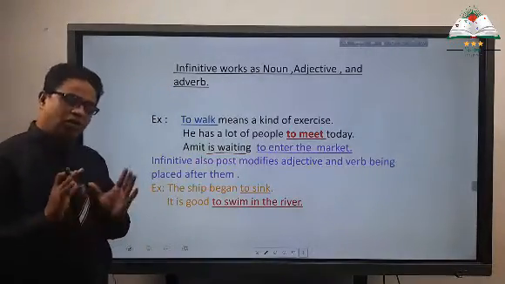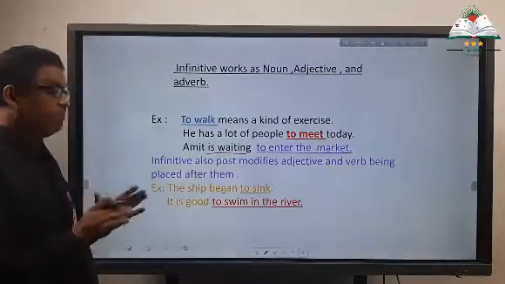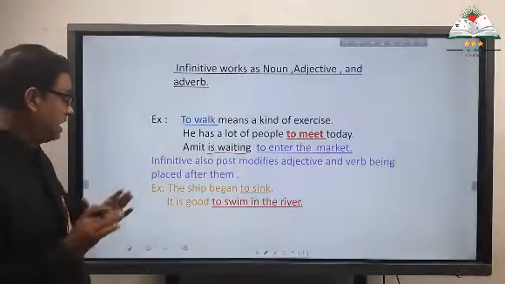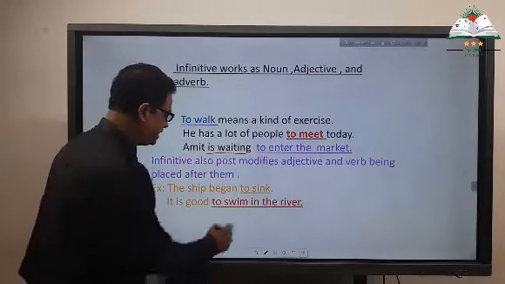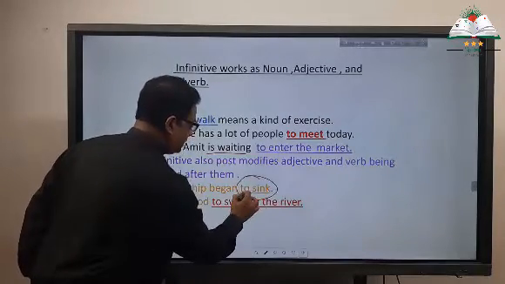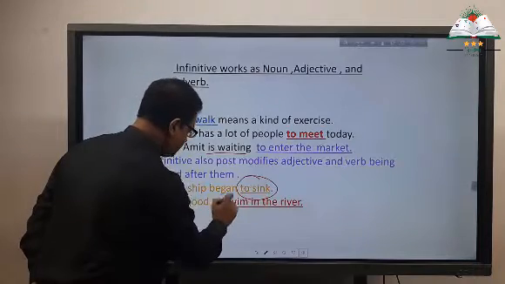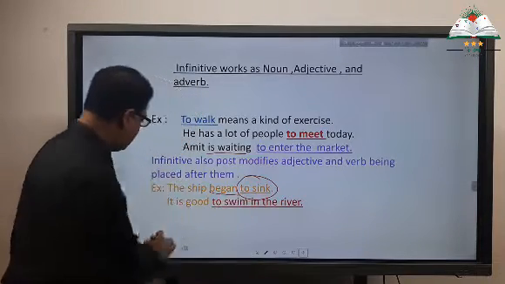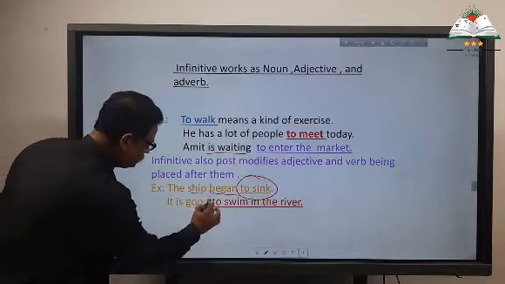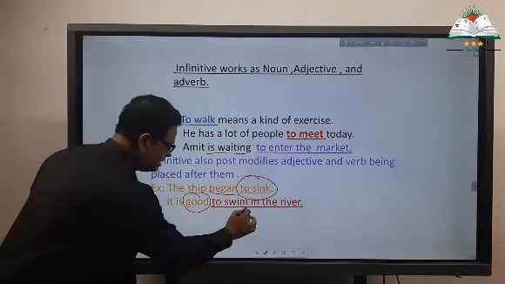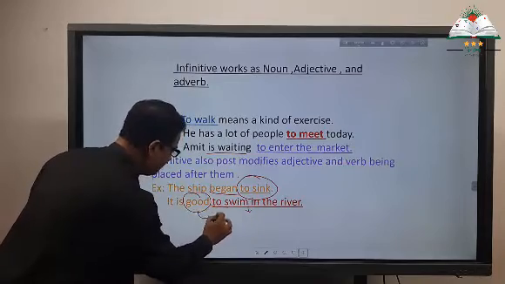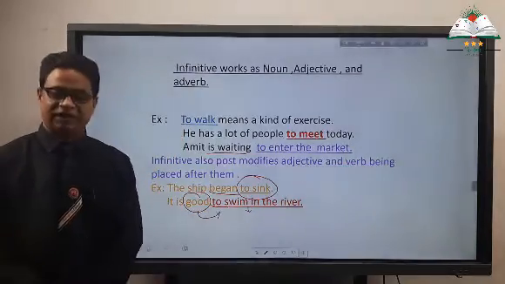Now, you can also find infinitive after verb and at the same time after adjective also. The sheep began to sing. Here to sing, you see, is a kind of infinitive that has been used after this verb. It is good to swim in the river. The word good is an adjective. So, to swim in the river is an infinitive phrase that has been used after the adjective as post modifier.